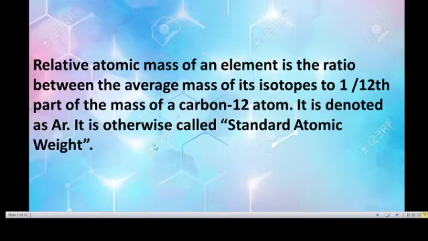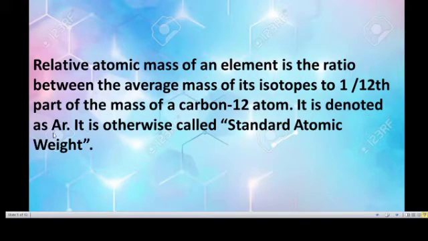The relative atomic mass of an element is the ratio between the average mass of its isotopes. Some elements have isotopes, that is, isotopic characters. The relative atomic mass of an element is the ratio between the average mass of its isotopes to 1/12 part of the mass of a carbon 12 atom.